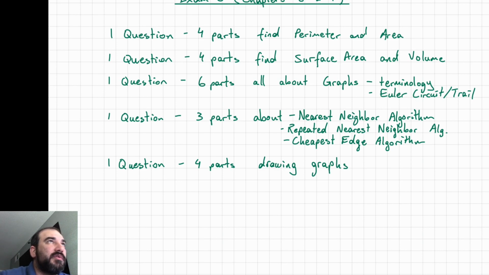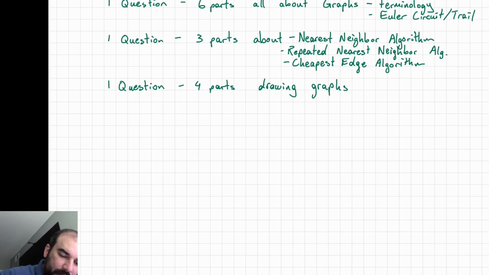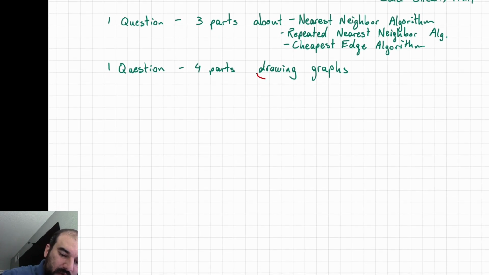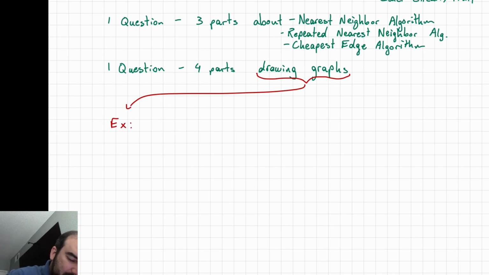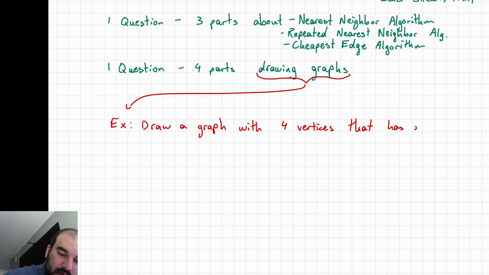So let me give you some examples of what I mean here. Drawing graphs. What does that mean? The question will be something like, draw a graph with 4 vertices that has an Euler circuit.